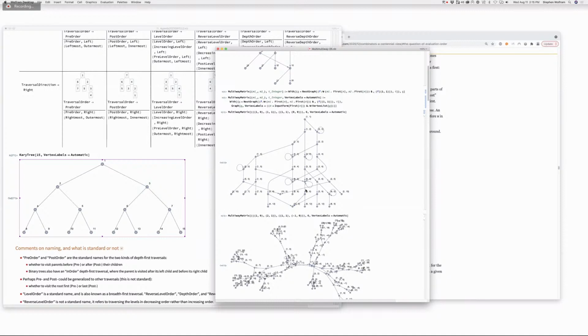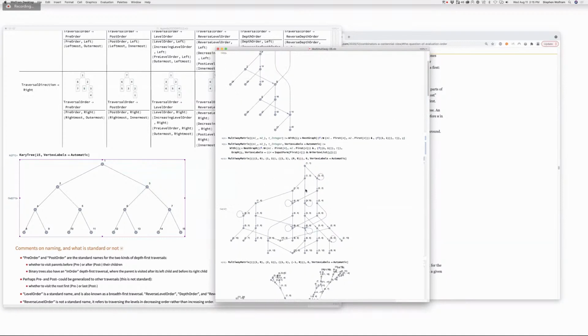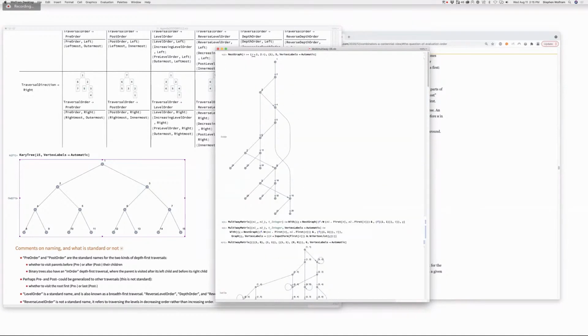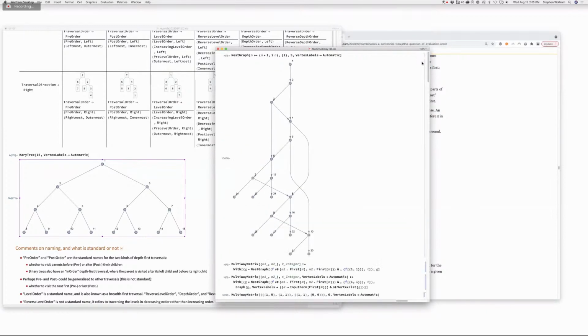This is a friendly multi-way graph. And this is an example here. Okay, see this nest graph here? Yep. So that's generated by that thing there. Now, if you think about every step here as a computation, we can ask in what order can this computation be done?